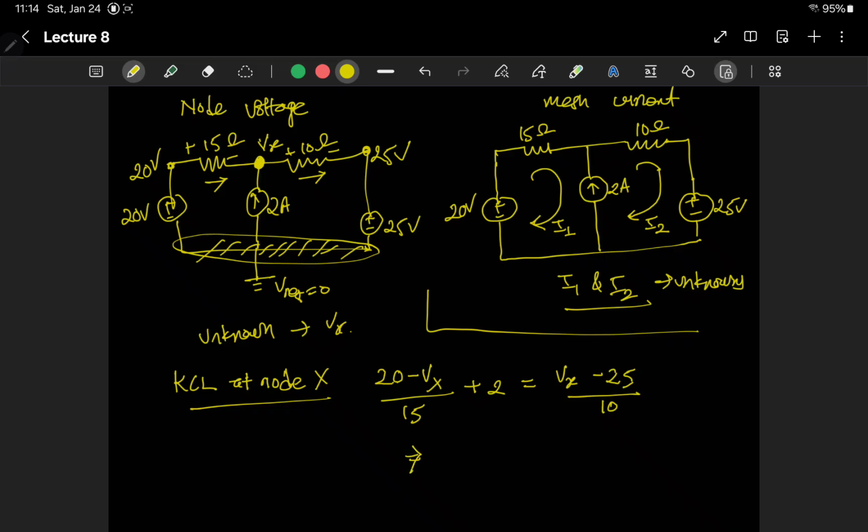If you take 30 as the common denominator, you multiply by 3 to get 3 Vx minus 75. If this goes to the other side, that will be minus 2. 15 times 2 is 30, so minus 40 plus 2 Vx, and the 2 was on the other side.